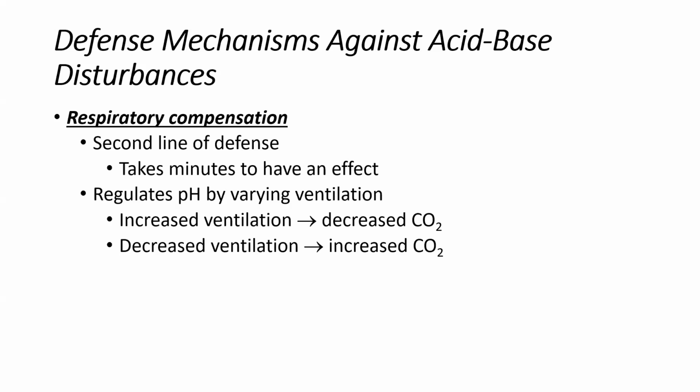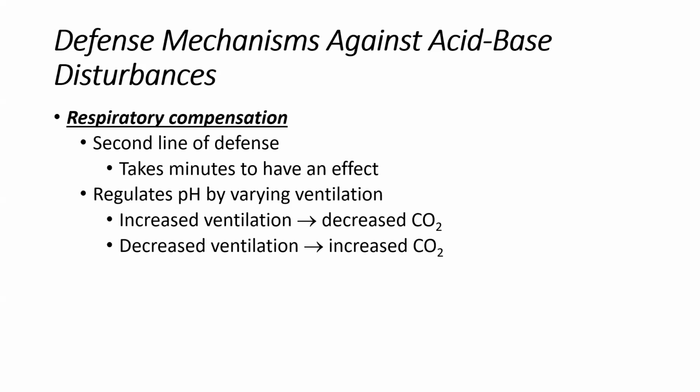On the other end of the spectrum, if we're in an alkalotic state, if we're in an alkalosis, meaning we have too little acid and too much base or too much bicarb, the lungs, again, can chip in. They can decrease our rate of ventilation so that we're not blowing off CO2 as quickly.